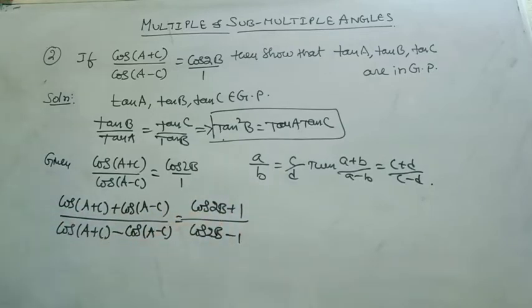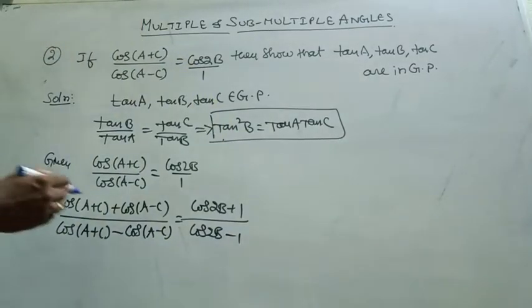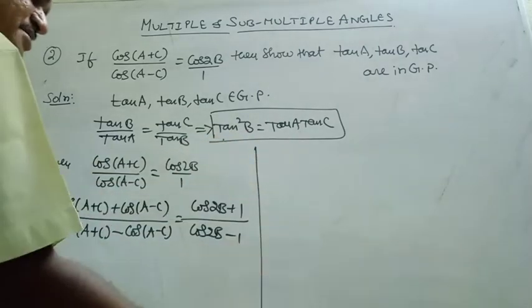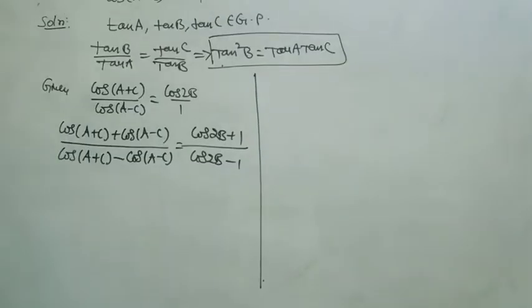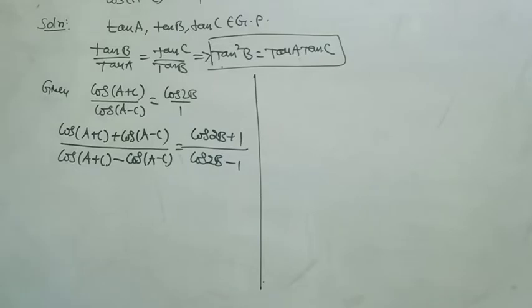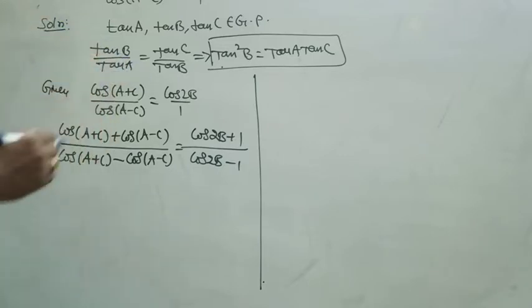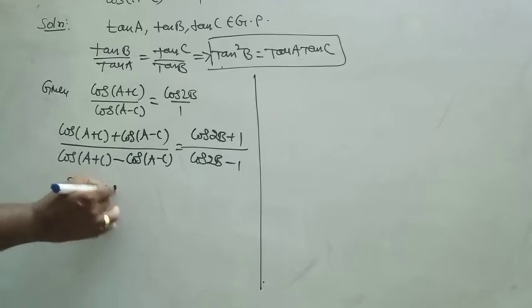Now see, cos (a plus c) plus cos (a minus c): cos (a plus c) is nothing but cos a cos c minus sin a sin c, and cos (a minus c) is nothing but cos a cos c plus sin a sin c. Minus sin a sin c and plus sin a sin c will cancel, and you are going to have 2 cos a cos c.